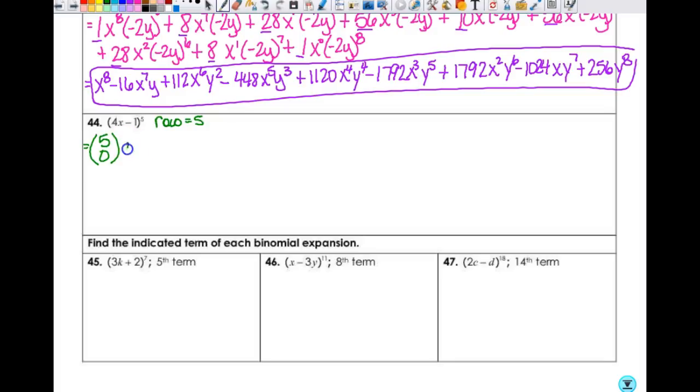All right, so 5, 0. And then I take a, which is 4x to the 5th, and then negative 1 to the 0.